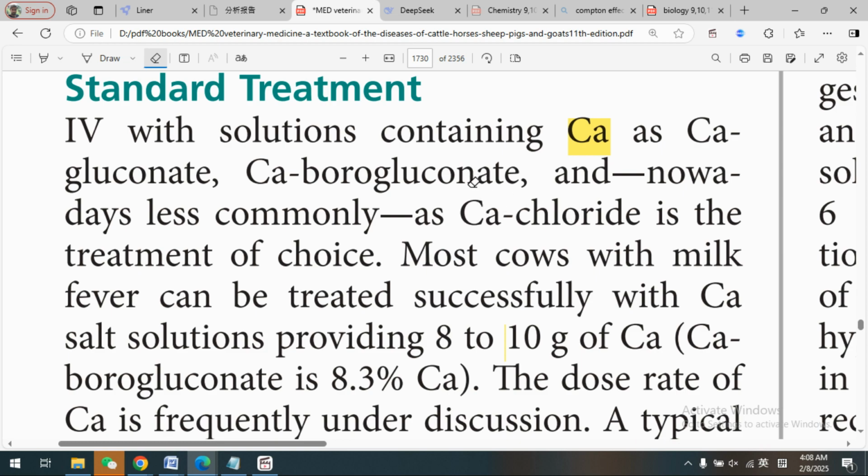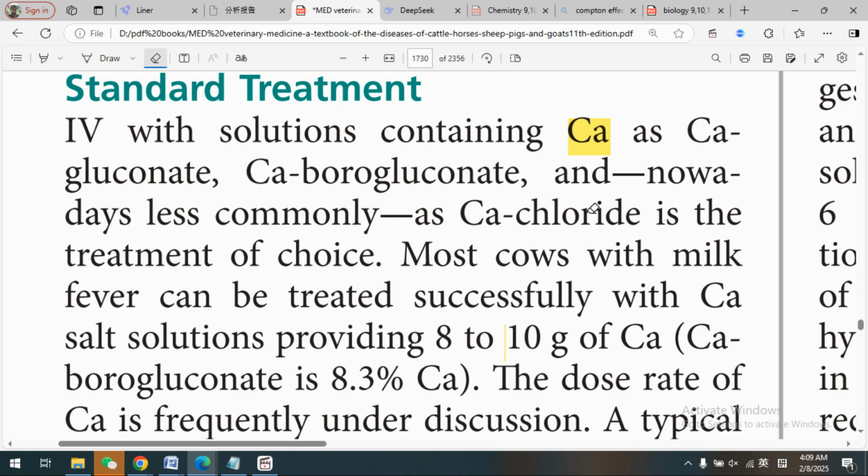So how much calcium is available through these compounds? We will calculate this. In order to find out the answer to this question, first of all we have to know the molecular formula of calcium gluconate, calcium borogluconate or calcium chloride.